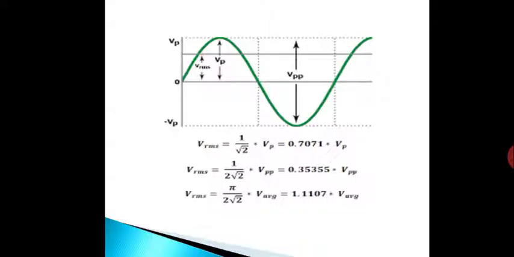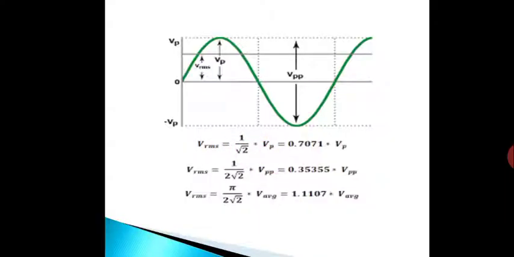Here we can say that the phase function is theta degree left shift for an inductive load, and a right shift for a capacitive load. Okay, and we know that Vrms is equal to 1 by root 2 into Vp. Vp is the Vm, so Vm is equal to root 2 into Vrms. So Vrms is equal to Vm by root 2.